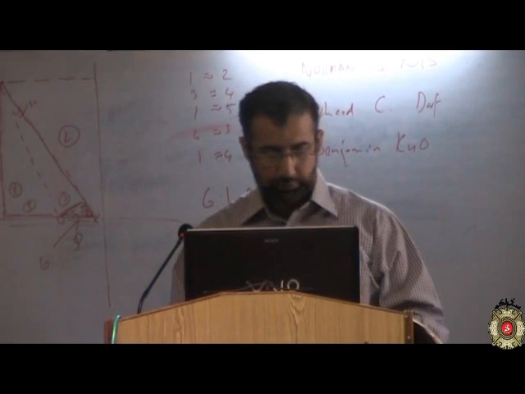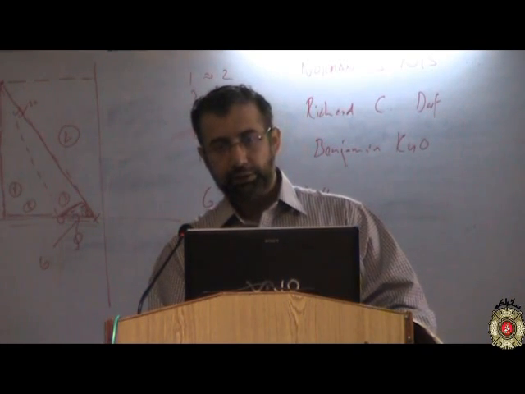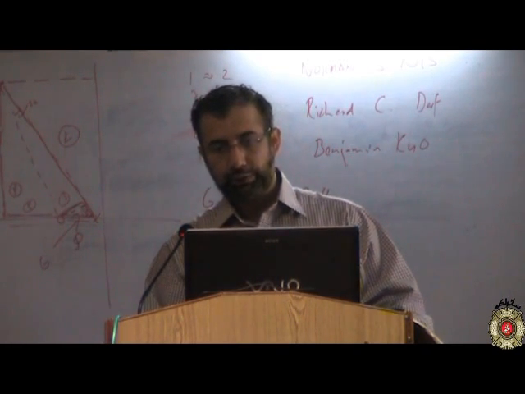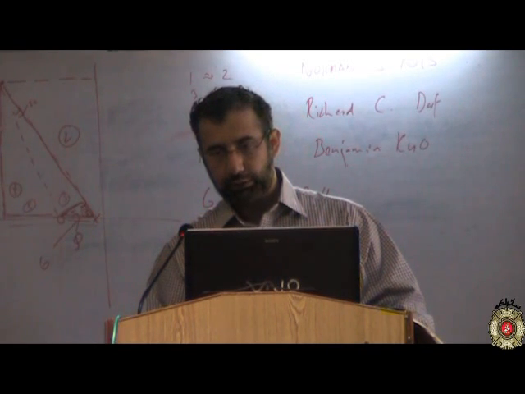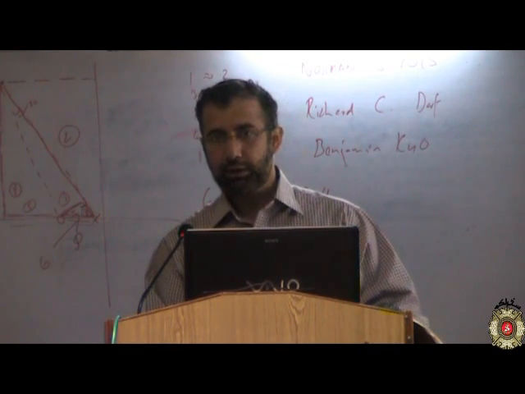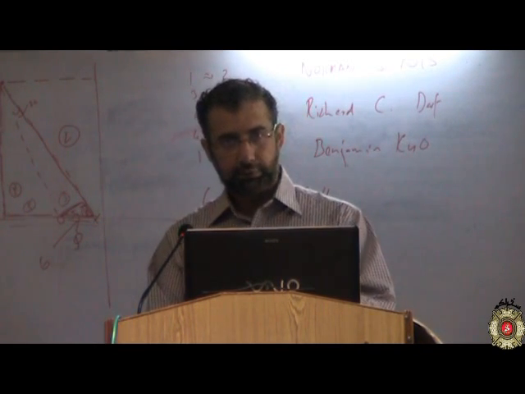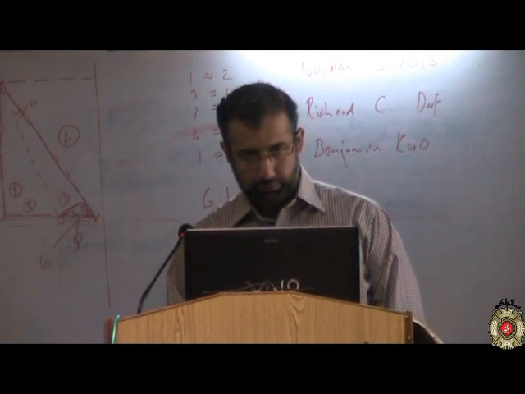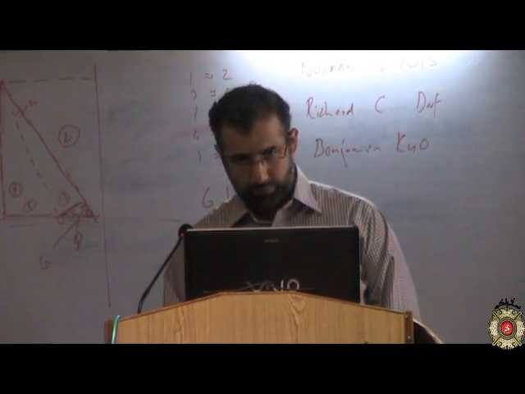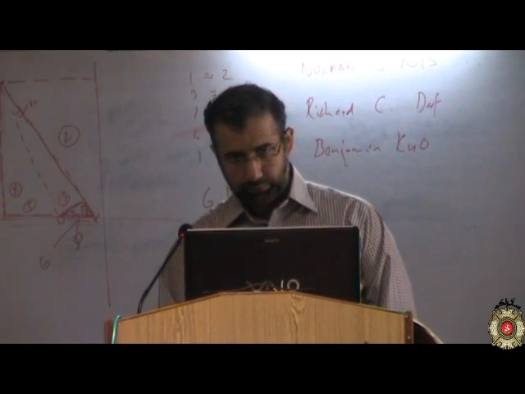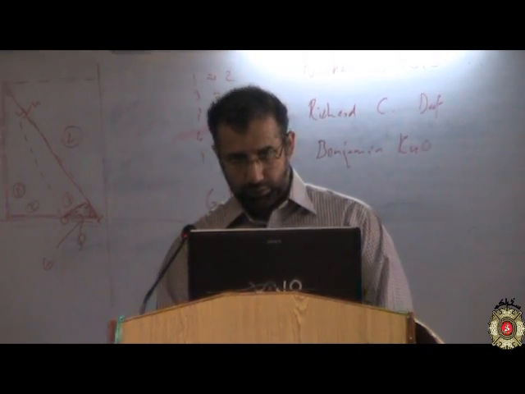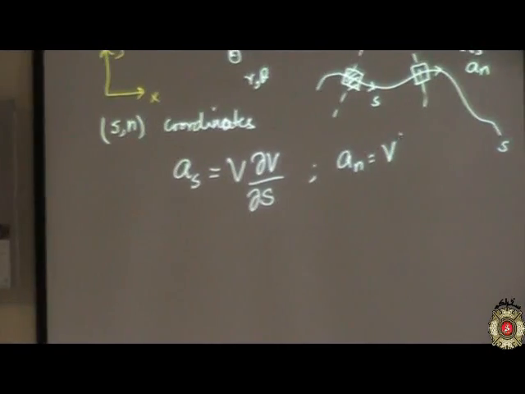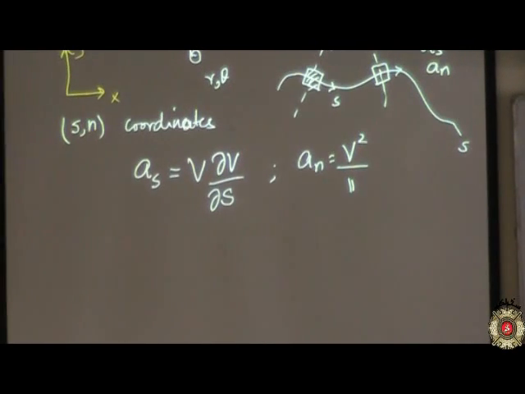Let's do some analysis. By the time it is moving, there are two kinds of accelerations involved, and I think we covered that part, AN and AS. One is the acceleration along the streamline, the other one is the normal component of it, and we had written AN as V squared over R, the radius of curvature.